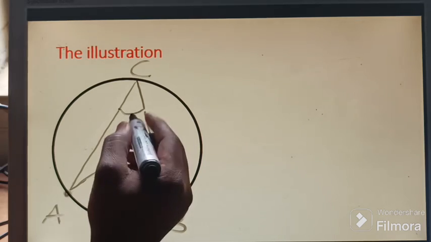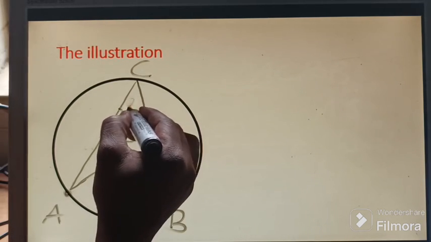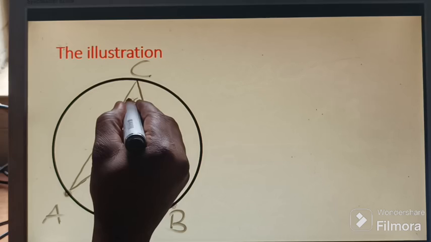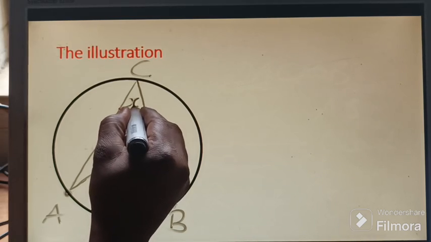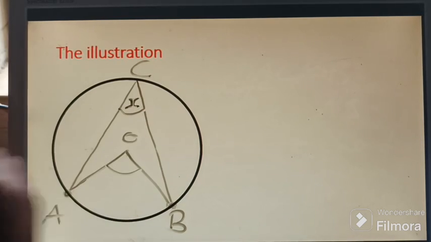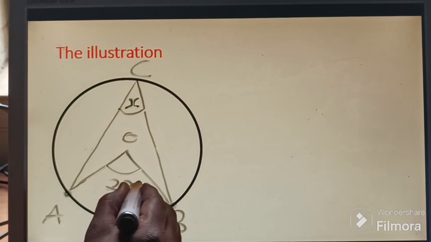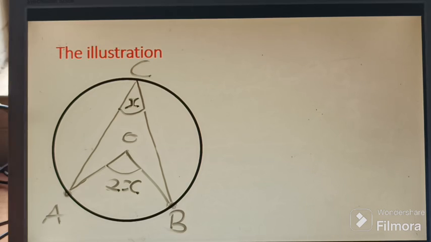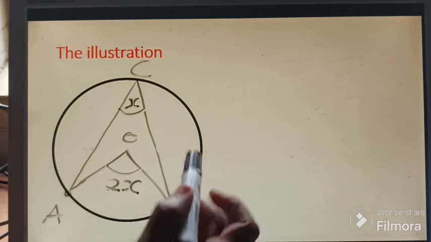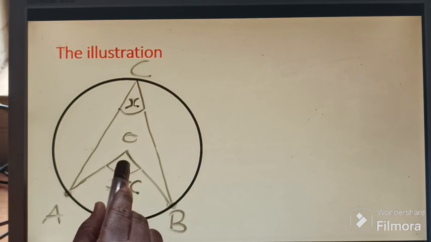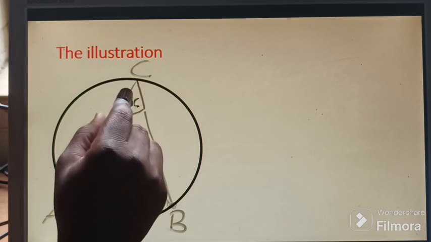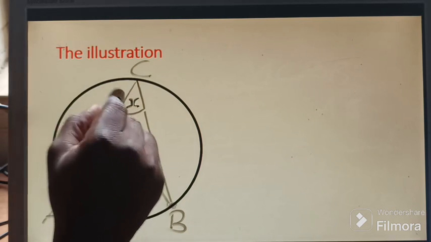means ngati angle ili x, if this angle is x, yava ikala 2x. Remember, akuti angle at the center is angle yava times 2.